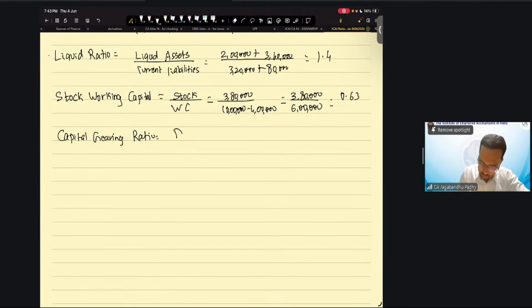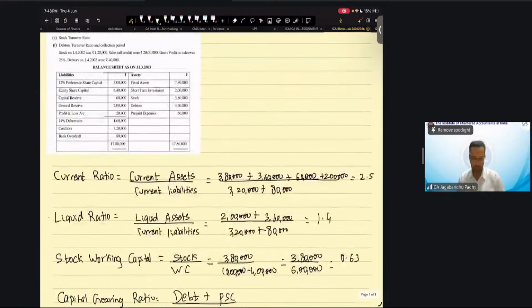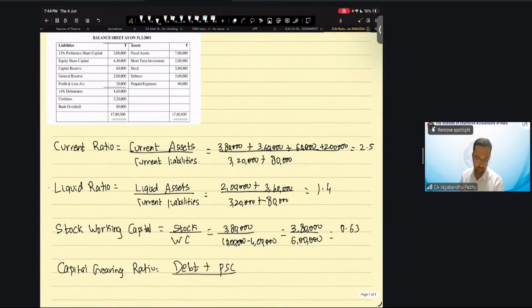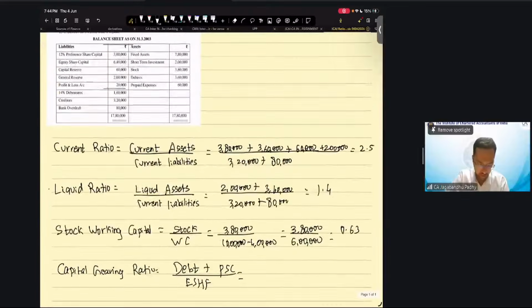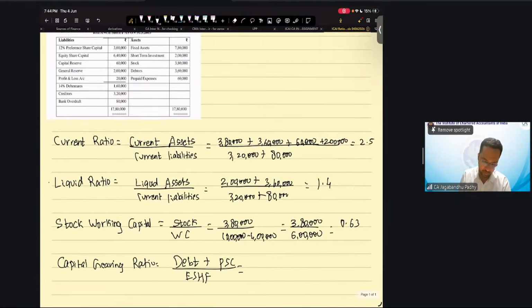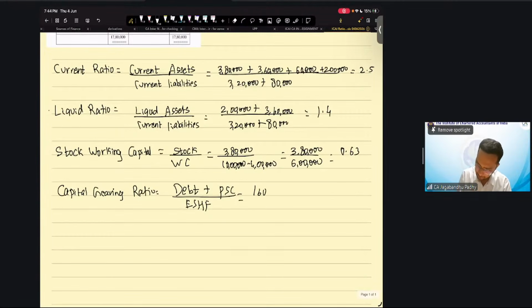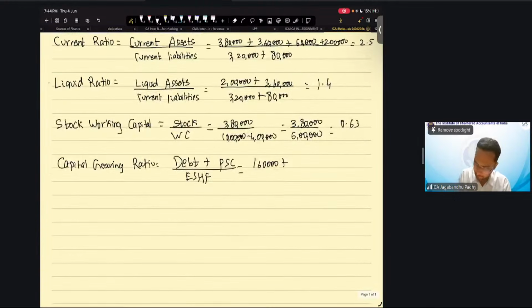Capital gearing ratio, we know debt plus preference share capital in the numerator. Debt plus preference share capital divided by equity shareholders fund. So debt will comprise of 1,60,000 and preference share capital is 3 lakh.